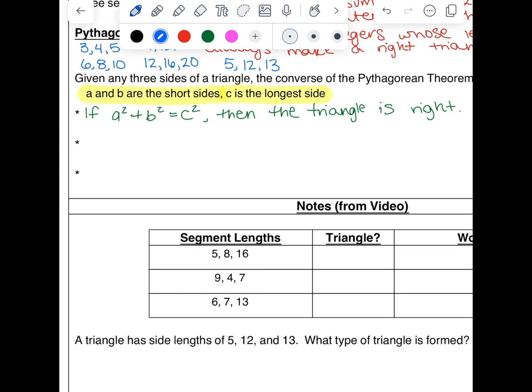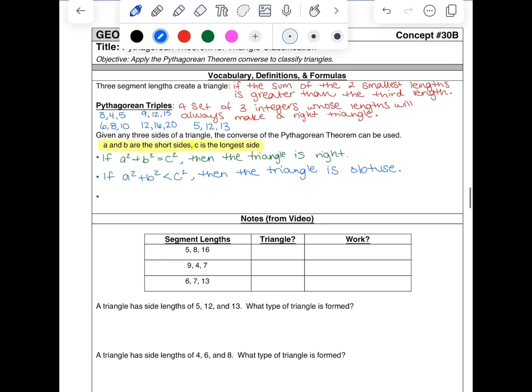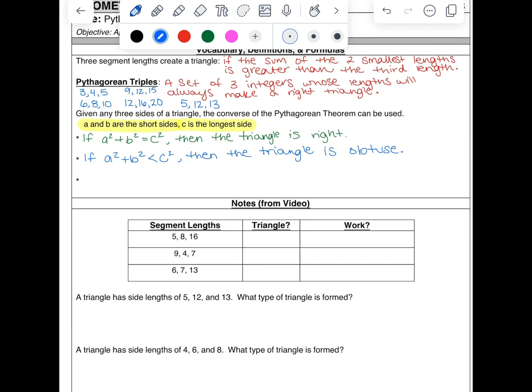The next statement says that if a squared plus b squared is less than c squared, then the triangle is obtuse.